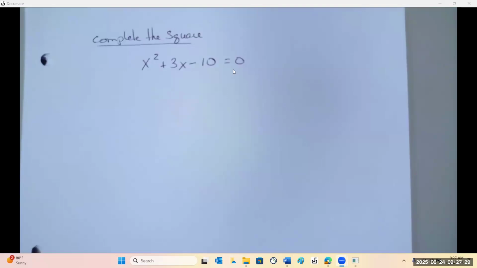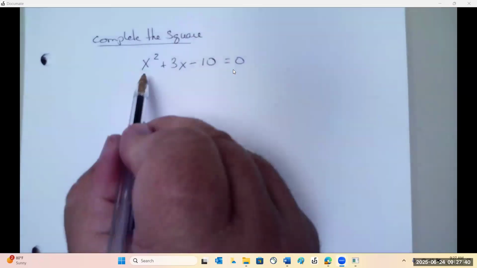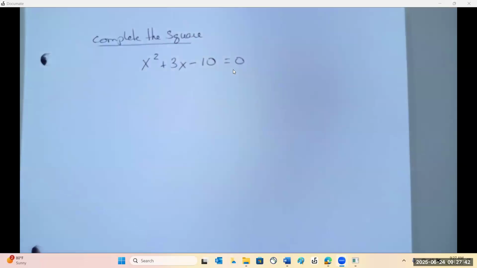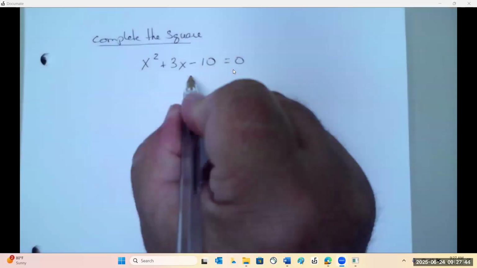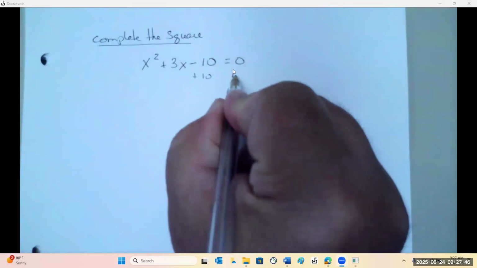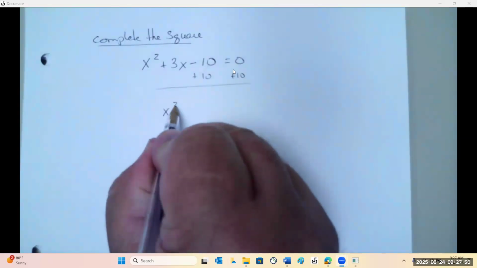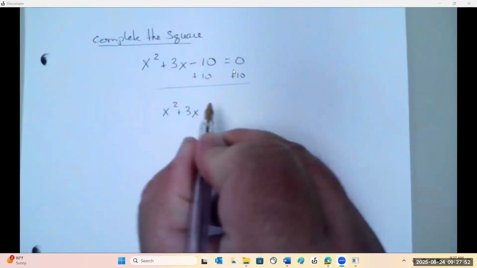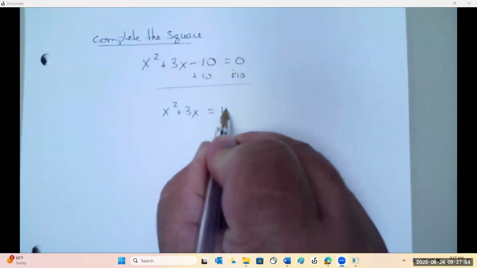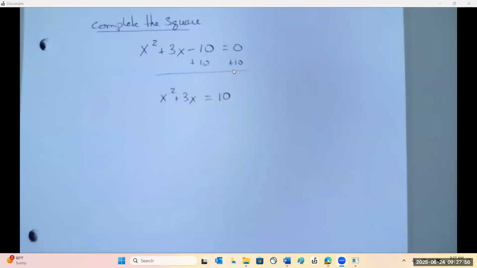From your notes yesterday, the first step is what? Right. So you have to have all the x's on one side and all numbers on the other side. So in this case, we add 10 to both sides. So we have x squared plus 3x equals 10. That's the first step. Move the constant term over.